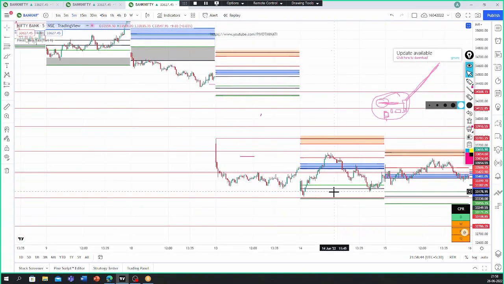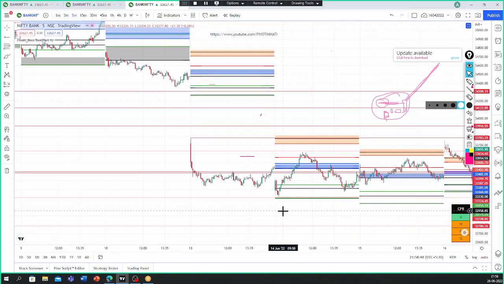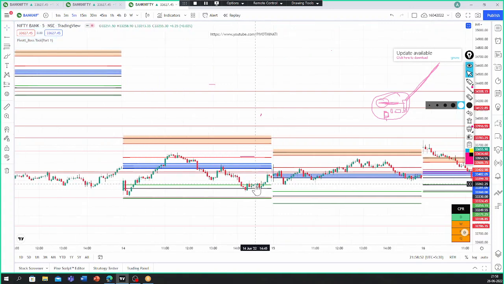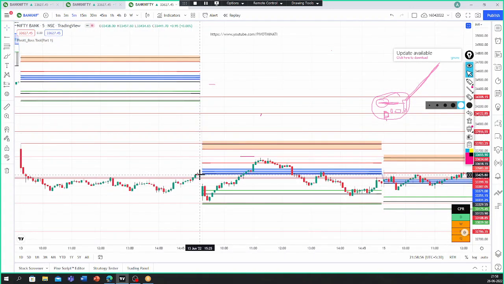Now, I was talking about gap down, right? Now look at this gap down. You'll see here, closing was here, gap down here, right? First candle is what? Bearish or bullish? Bullish, right?